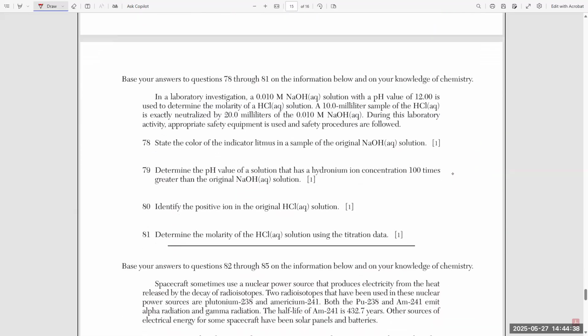78. In a lab investigation, 0.01 molar NaOH solution with a pH value of 12.0 is used to determine the molarity of HCl solution. All right, so let's start identifying these things.